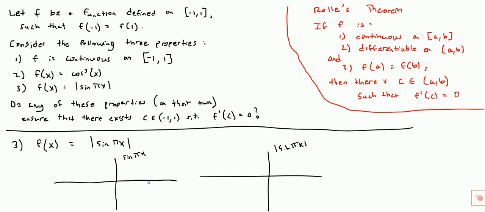We're on the interval negative 1 to 1. At 1, sine of pi is 0. At 1/2, sine of pi over 2 is 1. And you can see where we're going. So it looks like this. And then when you take the absolute value, the negative portion becomes positive. So it looks like this.